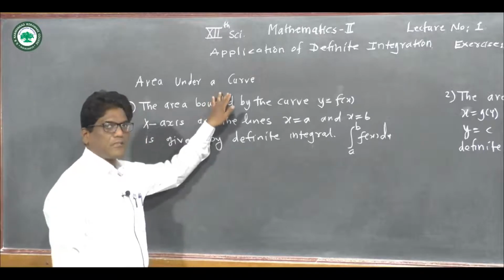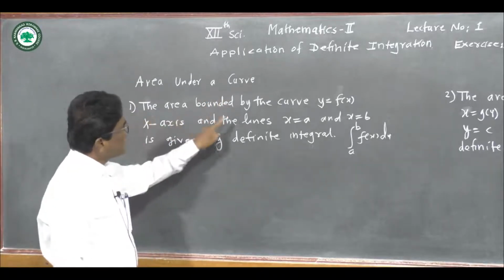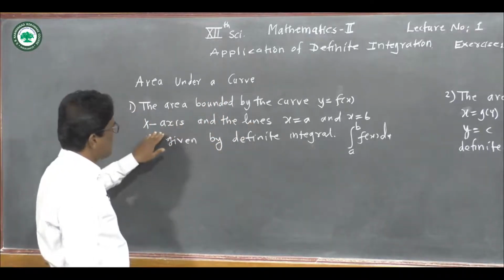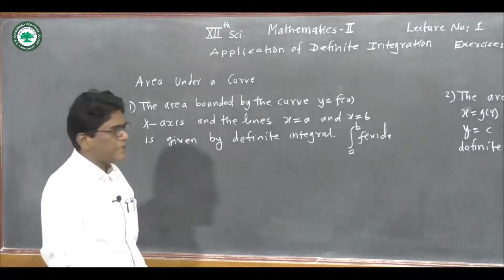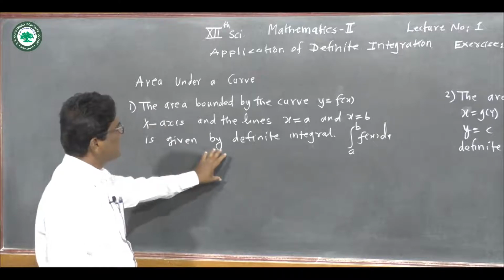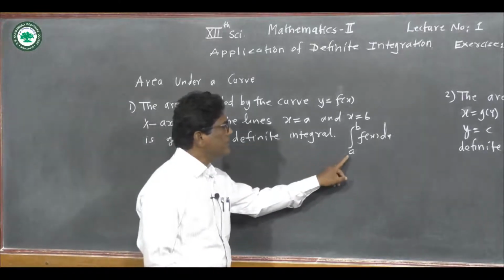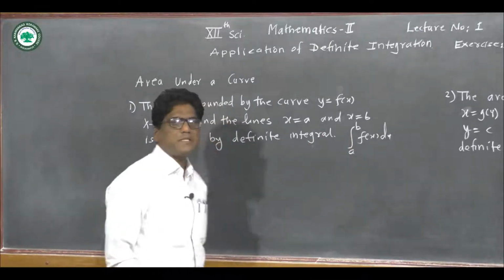Area under a curve. The area bounded by the curve y is equal to f of x, x-axis, and the lines x is equal to a and x is equal to b is given by the definite integration from a to b f of x dx.